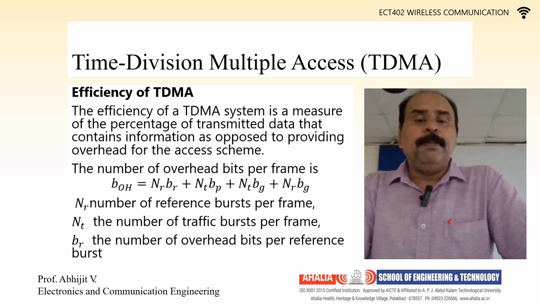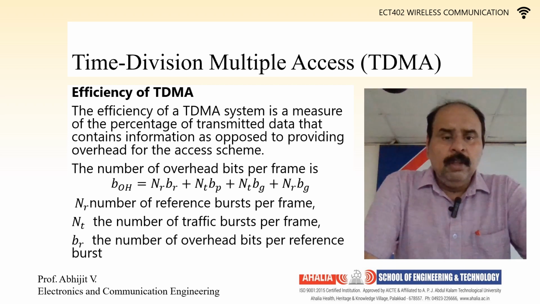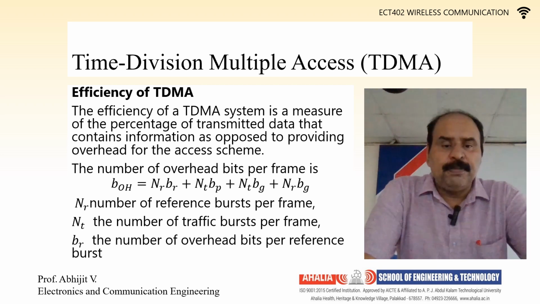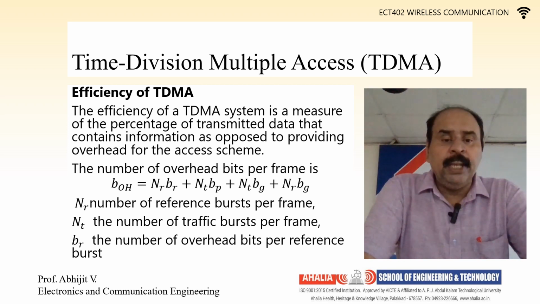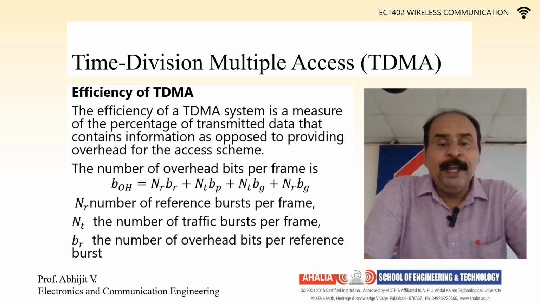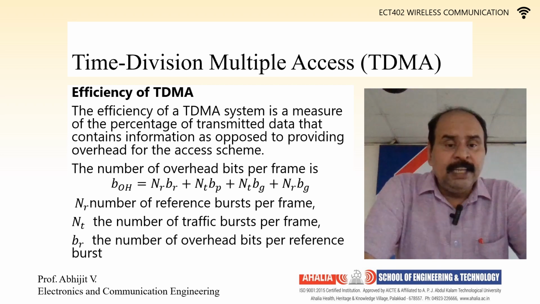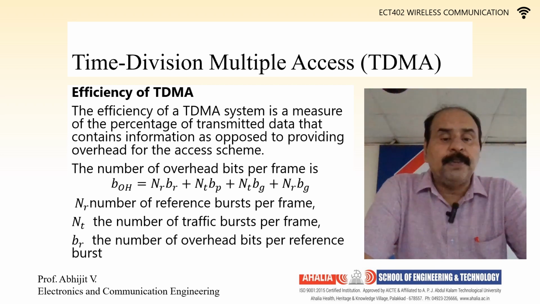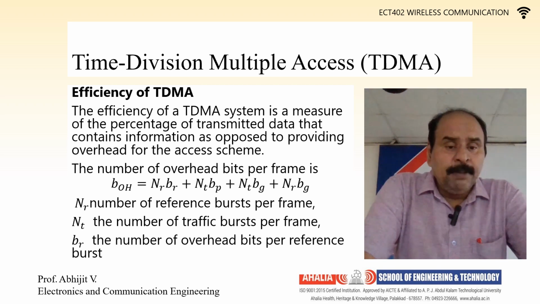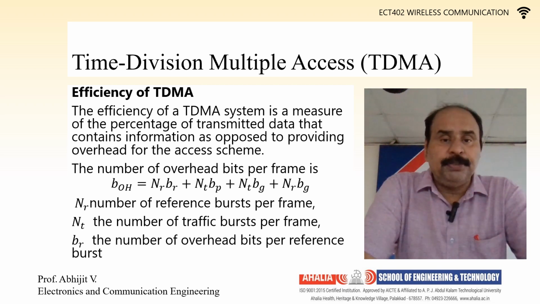So the number of overhead bits per frame, BOH, is equal to NR BR plus NT BP plus NT BG plus NR BG, where NR is the number of reference bursts per frame, NT is the number of traffic bursts per frame, BR is the number of overhead bits per reference burst.